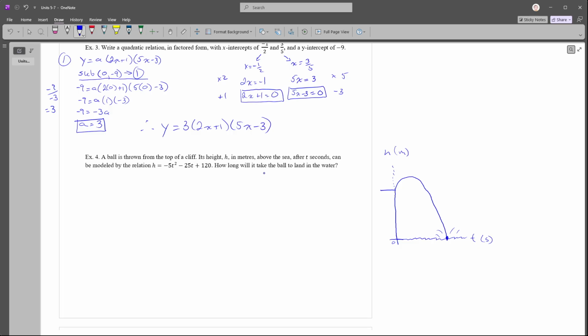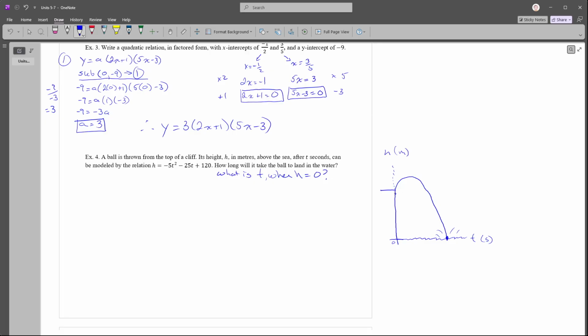What is it actually asking us? It's asking us, what is t when h is equal to 0? So it's asking us for the x-intercepts.